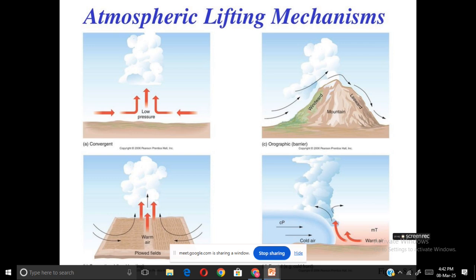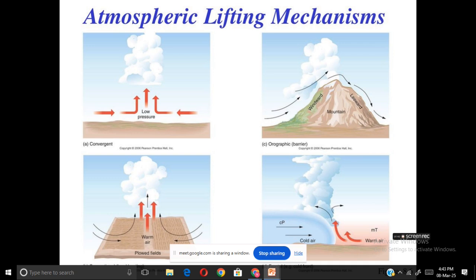Since the parcel is at a higher temperature compared to its surroundings, it will start to rise in the atmosphere due to high buoyancy or lower density. Such anomalous heating results in a convective system. Convection will happen over those regions. So that is the third one.